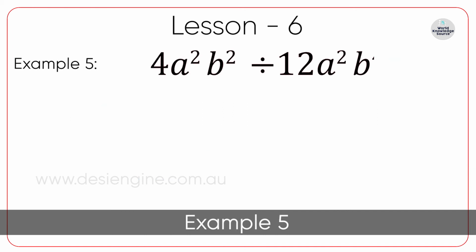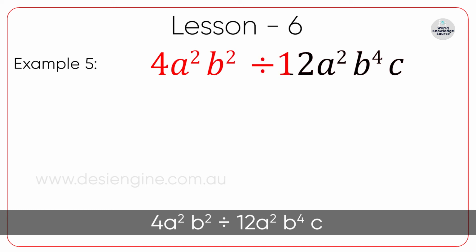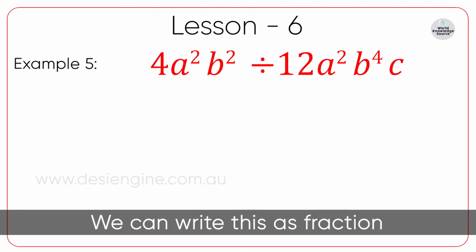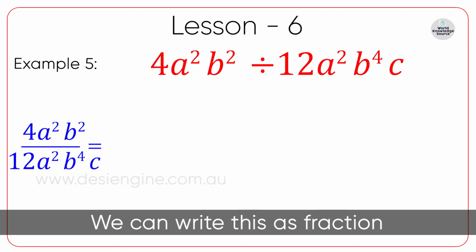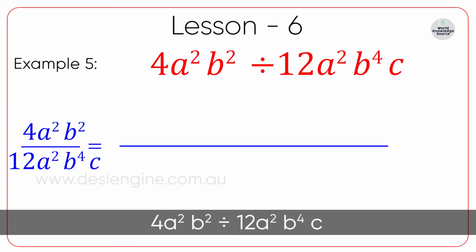Example 5. 4a power of 2 b power of 2 divide 12a power of 2 b power of 4 c. We can write this as a fraction, 4a power of 2 b power of 2 over 12a power of 2 b power of 4 c.